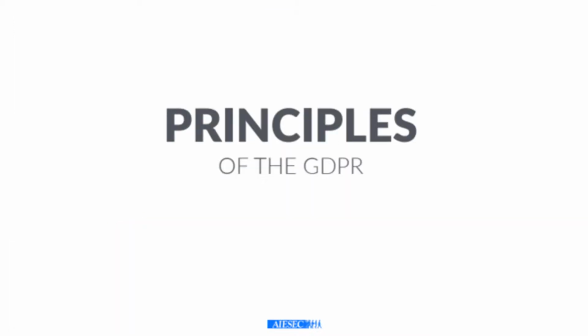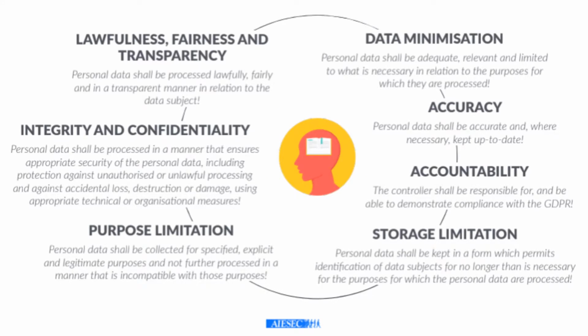What kind of principles do we have in GDPR? Firstly, we should not collect more data than we actually need, and the data should be kept up to date. So if there's an EP who wants to change something in their data, they have the right to do it. Accountability: because we are controlling people's personal data, we are also accountable to use it right.